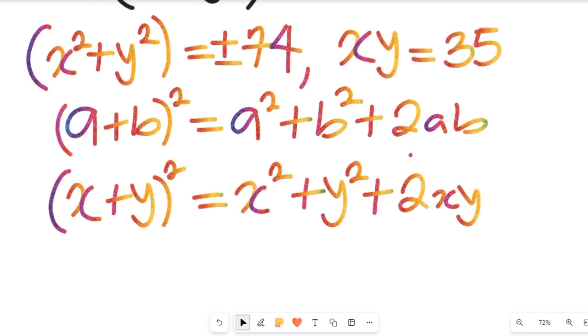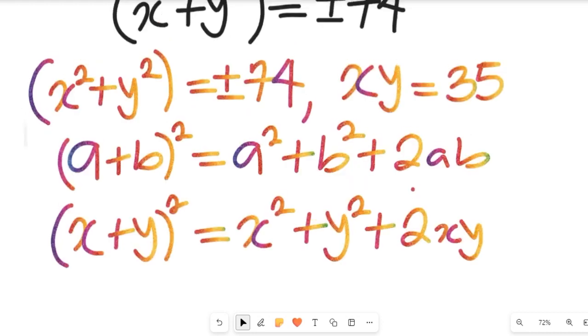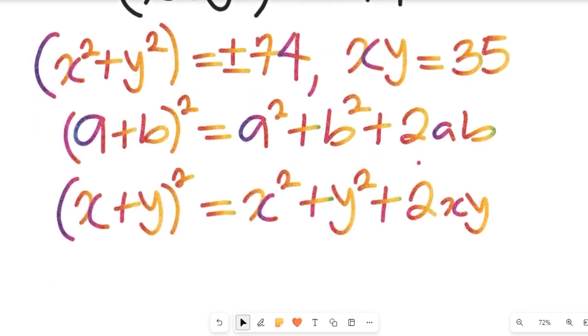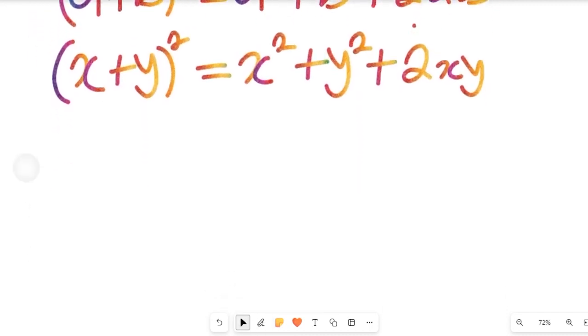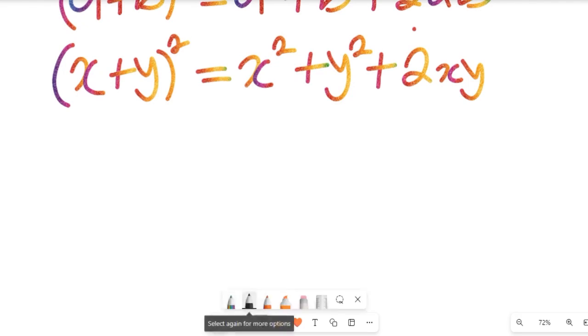Now from this algebraic expression we have put here, you're going to see that we have x squared plus y squared already has a parameter 74 and xy is 35. So we'll substitute those values into this expression.